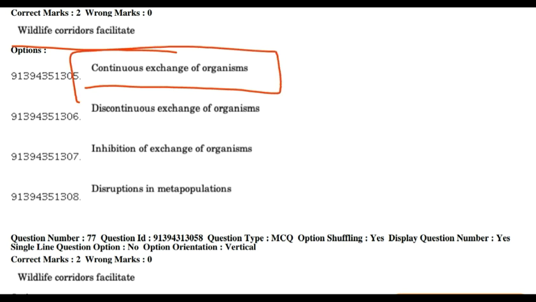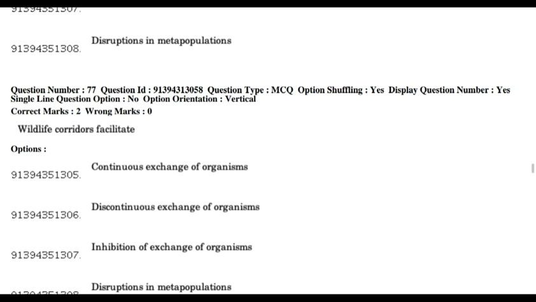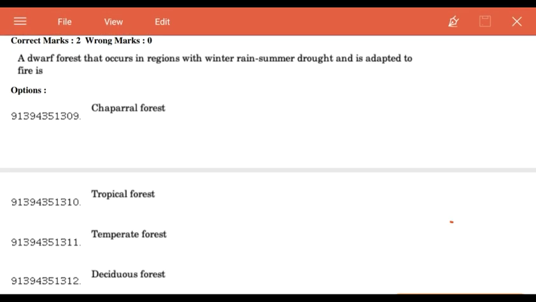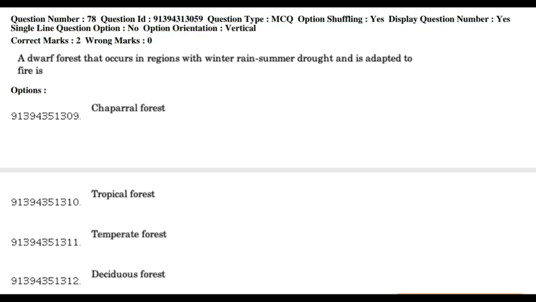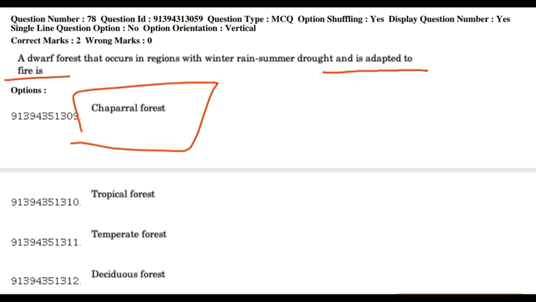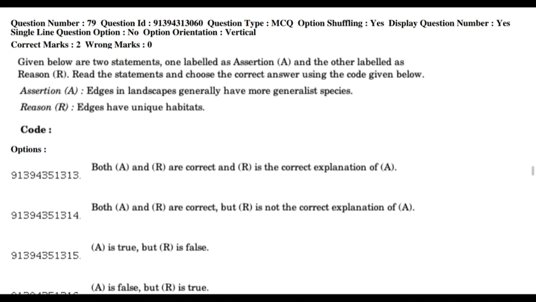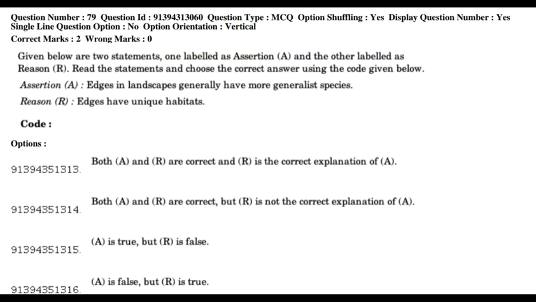Next, a dwarf forest that occurs in regions with winter rain, summer drought, and is adapted to fire is chaparral forest. Next, assertion and reason is given.